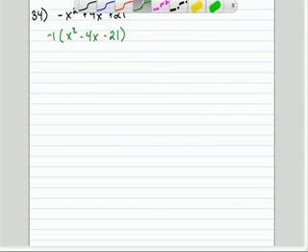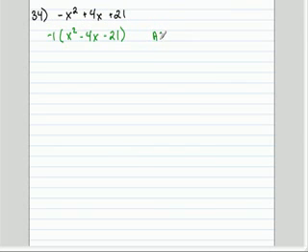All I need is something that multiplies to 21 and adds to negative 4. Since my leading coefficient is 1, I can go right to two parentheses and don't have to worry about the middle term. So this is just the small AC that I need to do.